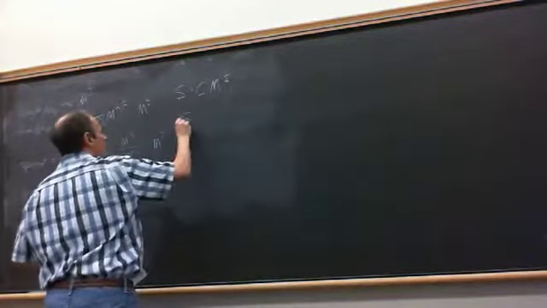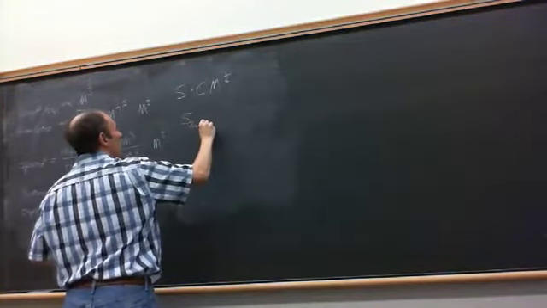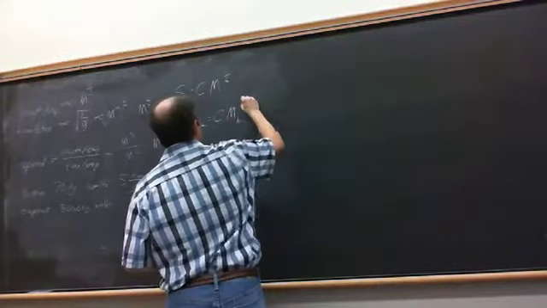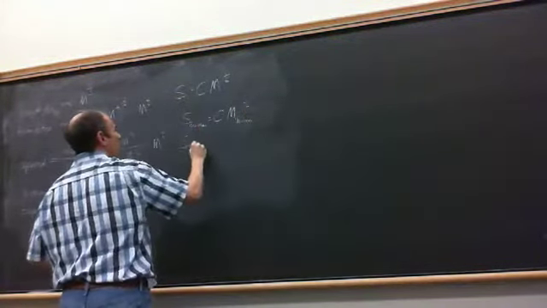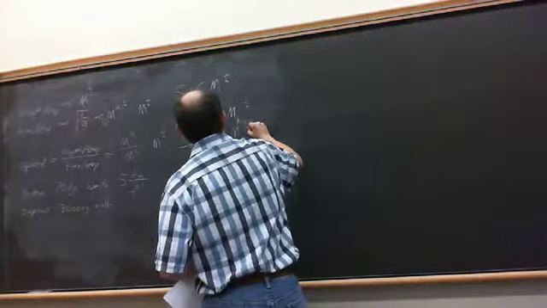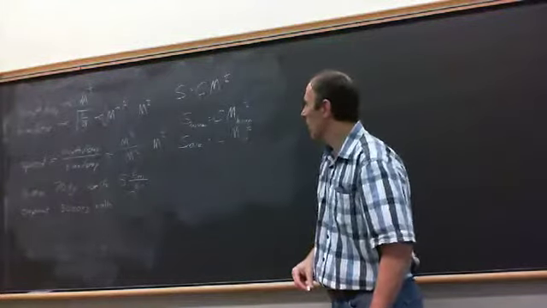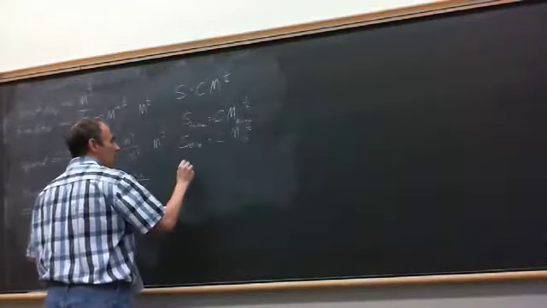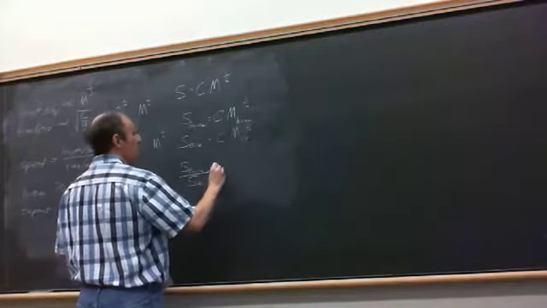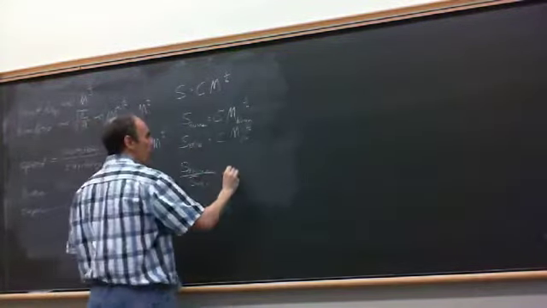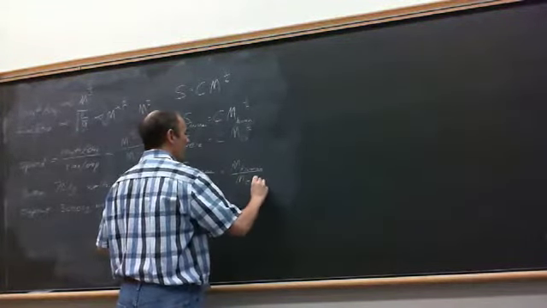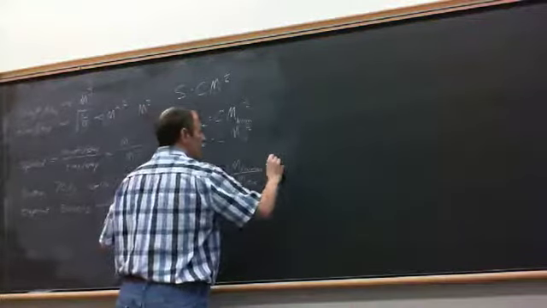The speed of the human is equal to C times the mass of the human to the 1/6, and the speed of the elephant is equal to C times the mass of the elephant to the 1/6, and divide. So what you find is that the speed of the human over the speed of the elephant is equal to, the C's go away, mass of the human over mass of the elephant, the whole thing to the 1/6.